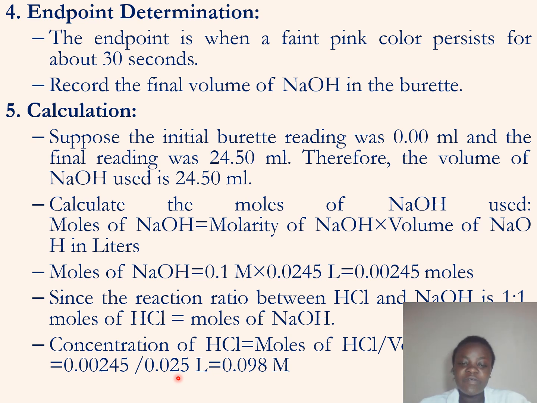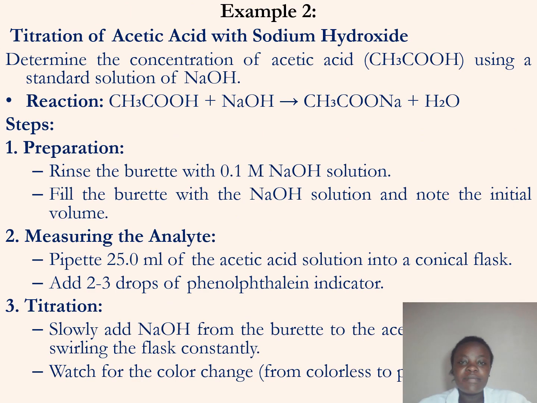So that is the volume of HCl. It will be 25 over 1000 and the concentration will therefore be 0.098 molar. So it is that simple to determine the concentration of the analyte using titration. Right. So let us look at another example.